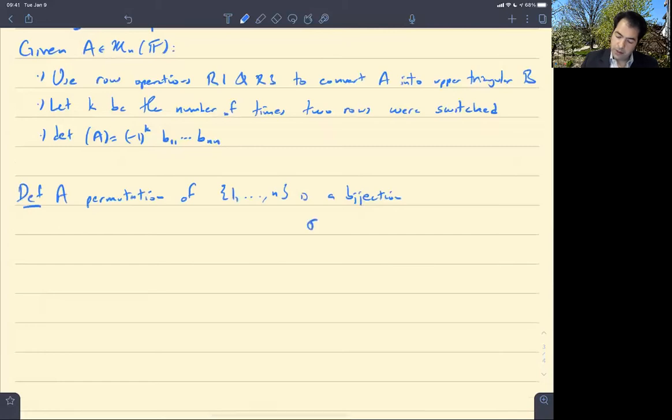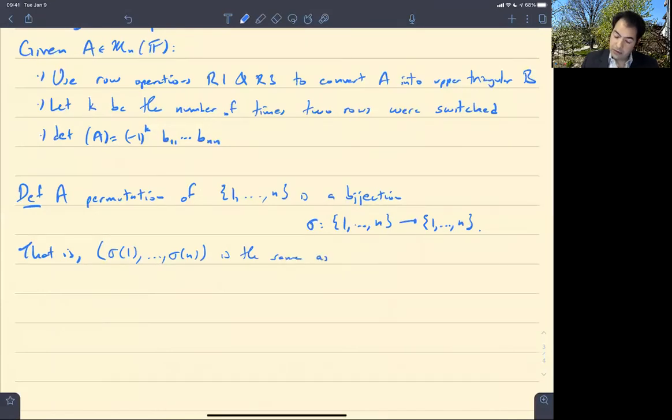So sigma from this set to itself, a bijection. So another way of saying that is that if you look at the list sigma(1) through sigma(n), this is the same as the list 1 through n as sets, but possibly in a different order.